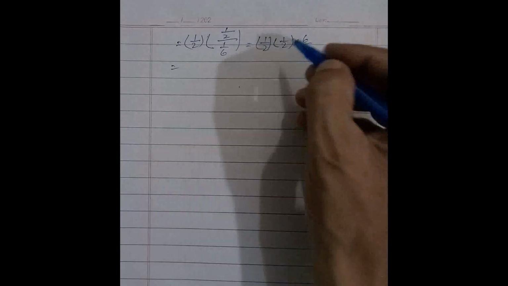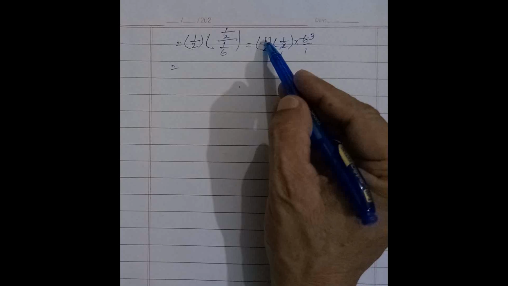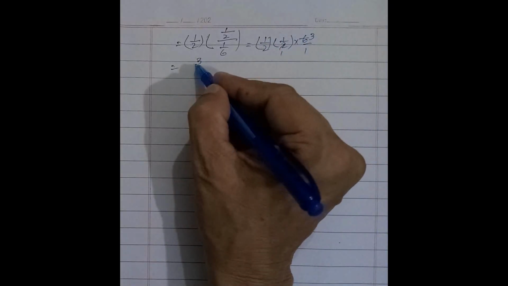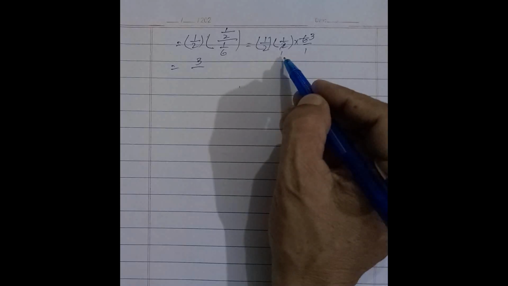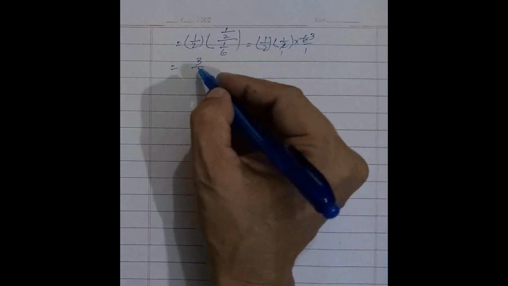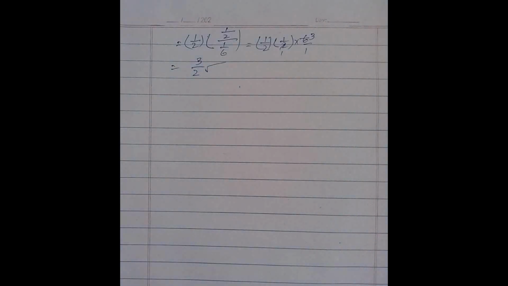Simplify it, 2 ones are 2, 2 threes are 6. 1 multiplied by 1 is equal to 1, multiplied by 3 is equal to 3 over 2 multiplied by 1 we get 2, and it is the product of the roots we have.